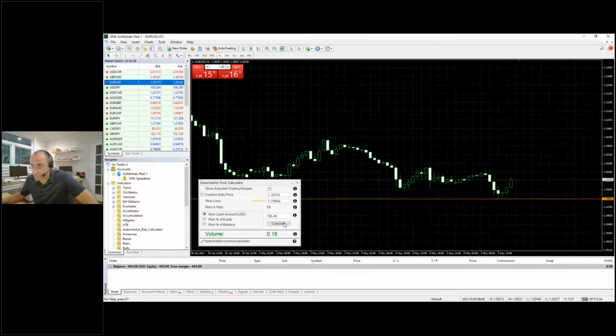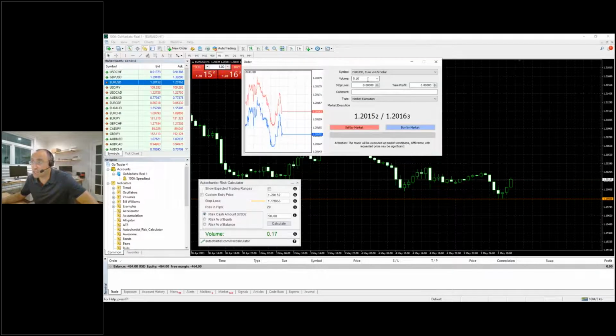What the risk calculator tells me is if I want to go long, I want to set my stop loss at this price, which is a risk of about 30 pips. And I only want to risk, if it moves against me, $50 of my account. I should be setting a volume of 0.17, right? So when I actually set my position, I go 0.17.